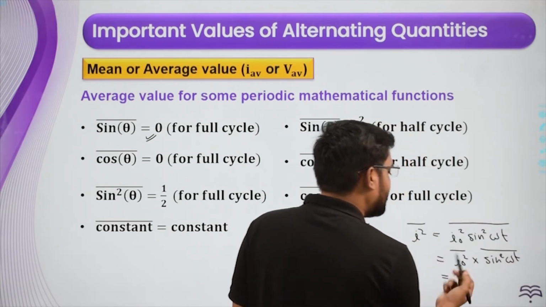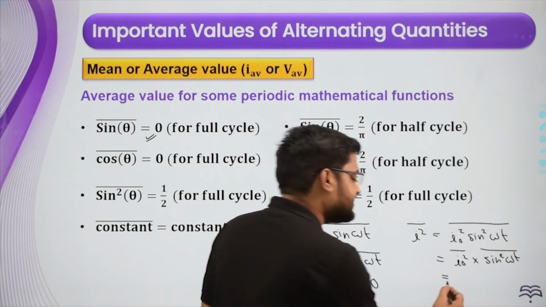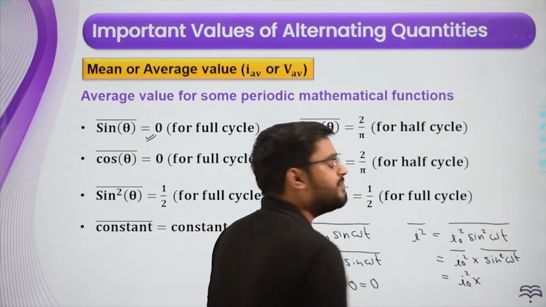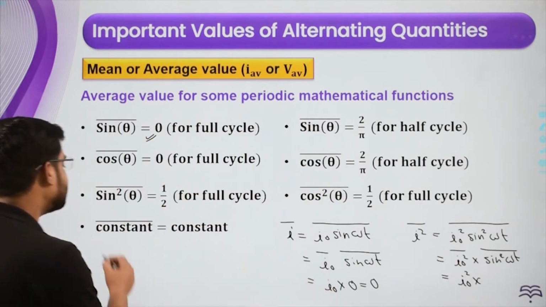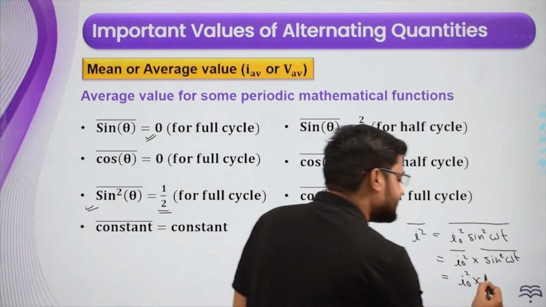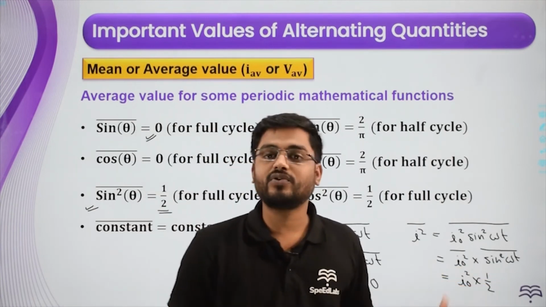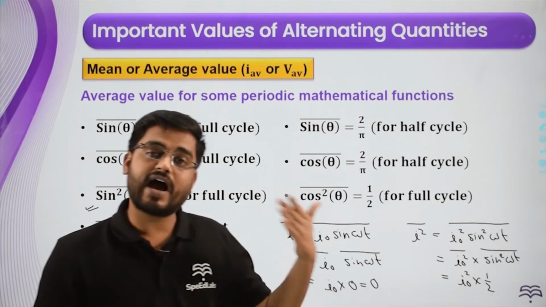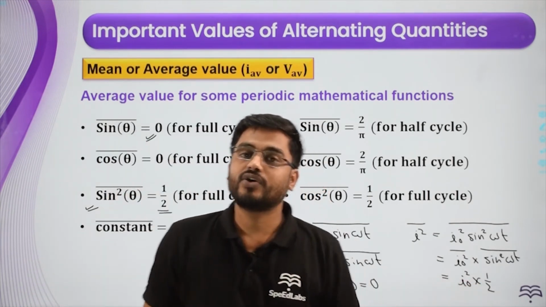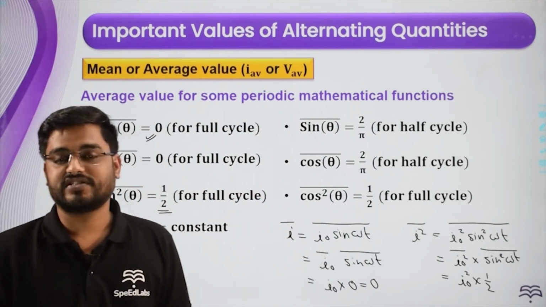For full cycle, I naught square is again a constant, and the mean of that is simply I naught square, the same constant. And what about the mean of sine square? We have discussed that sine square will have a mean of half for full cycle, so the mean square value of the current is I naught square by 2. And if they are asking RMS, that is root of mean square, so root of this is I naught upon root 2. So this is how we find the average values for different functions.